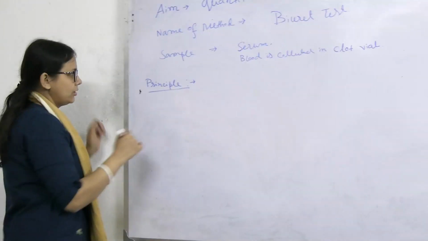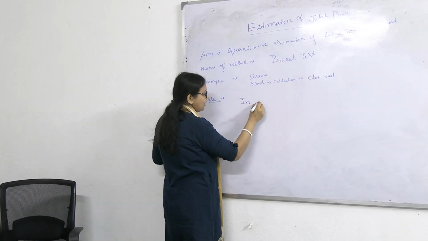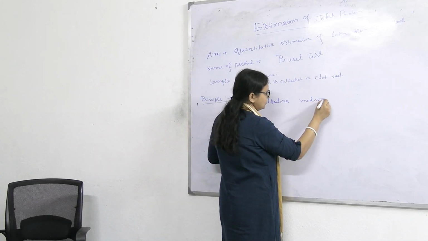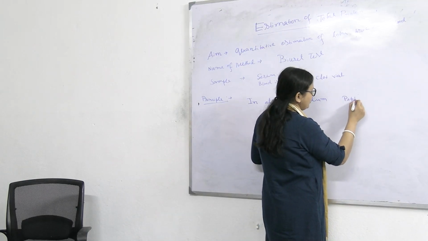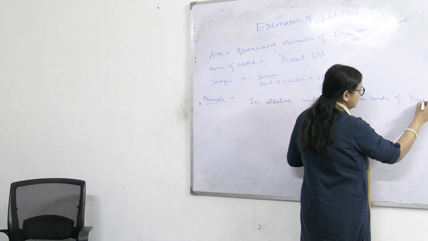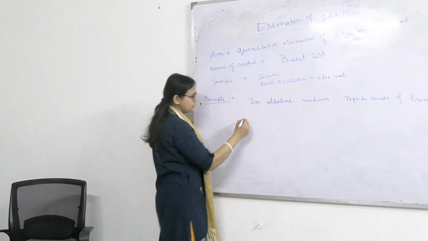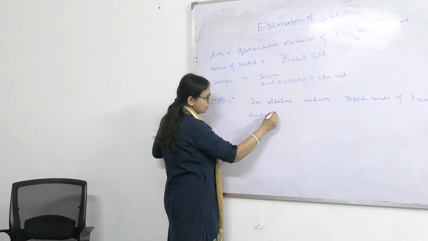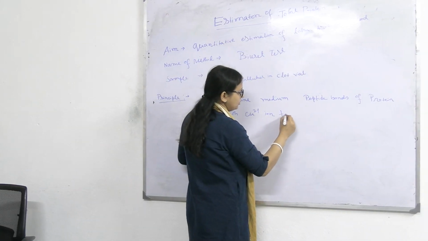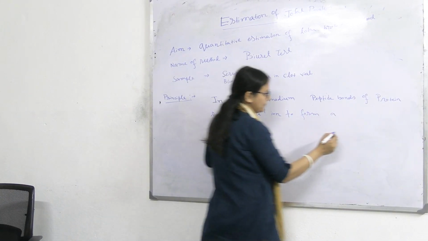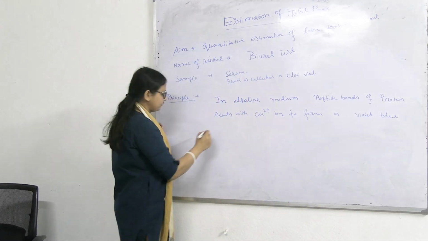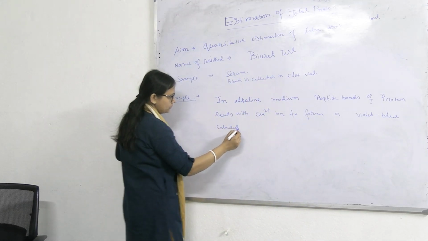Okay, now write with me. In alkaline medium, peptide bonds of protein react with cupric ion to form a violet blue colored complex.